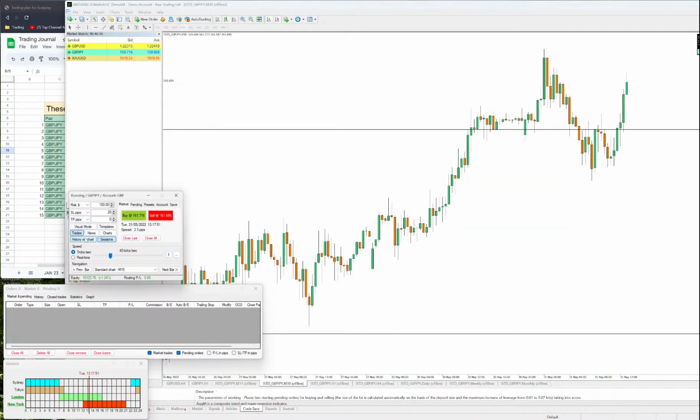Okay, but overall I'm happy because from here you can see we went to 30 pips, overall 20 pips, so $250 in profit, and we got obviously only $40 in profit, I think.